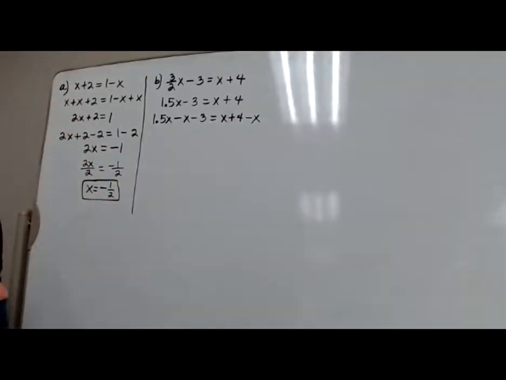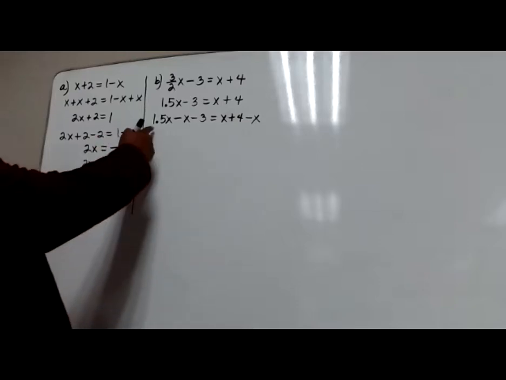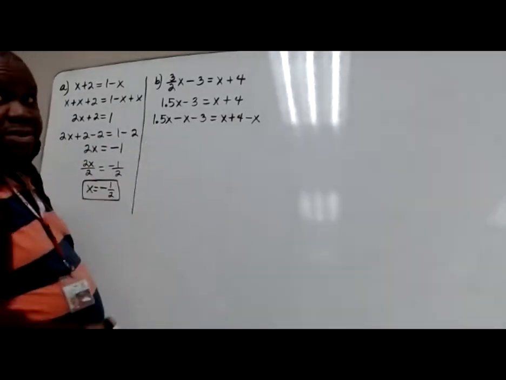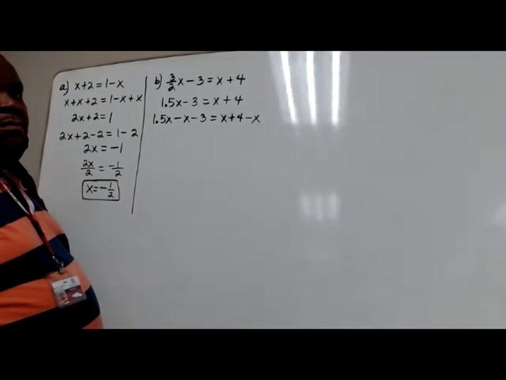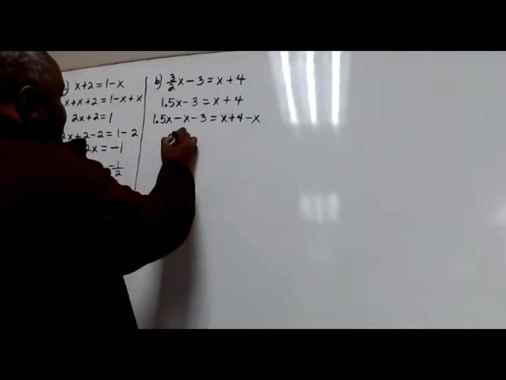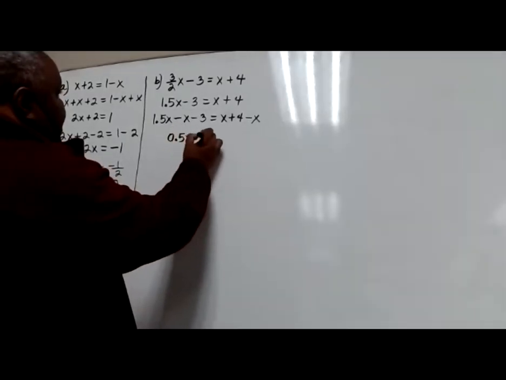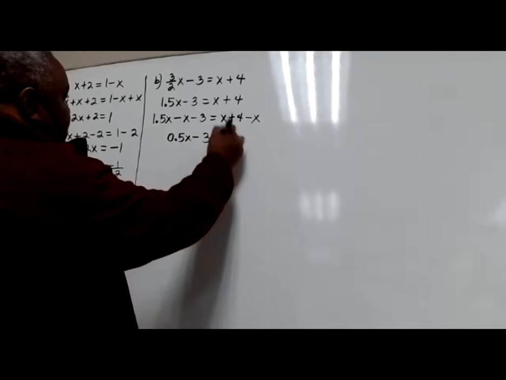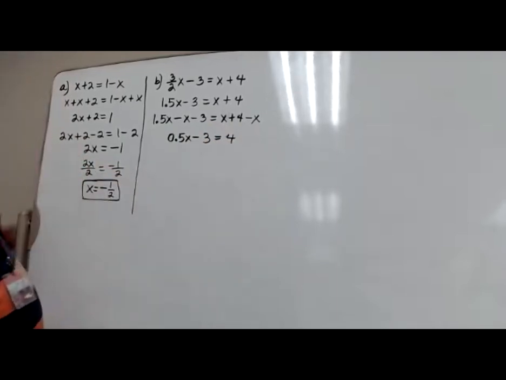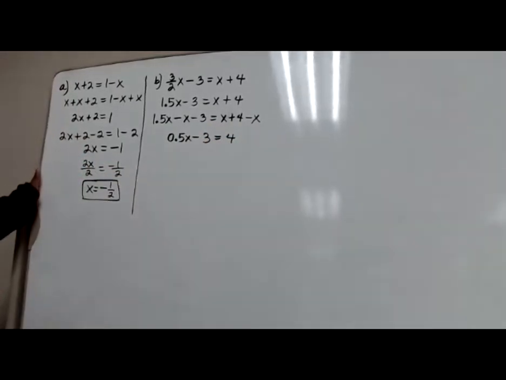And then the next step, let's do 1.5x minus x, which is how much? 0.5x minus 3, and that's equal to 4 because x minus x is the same as adding 0.